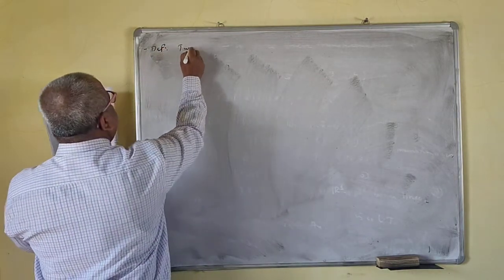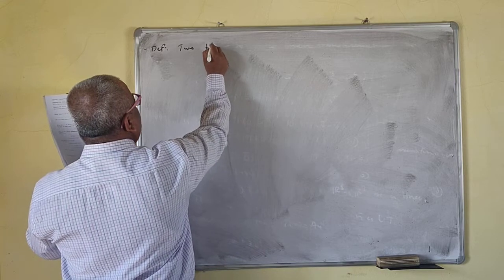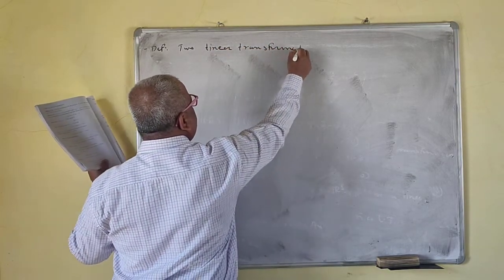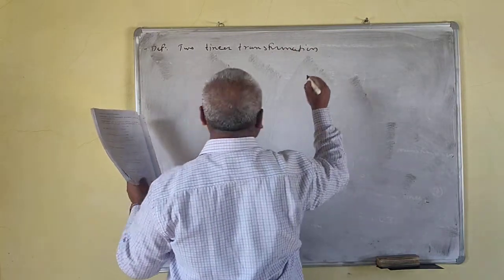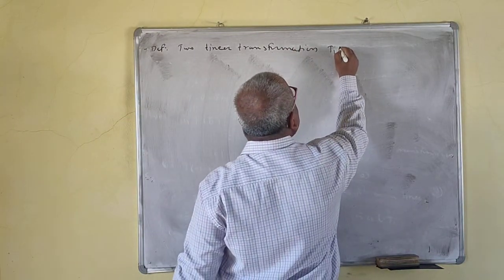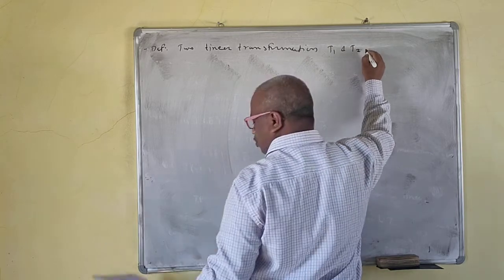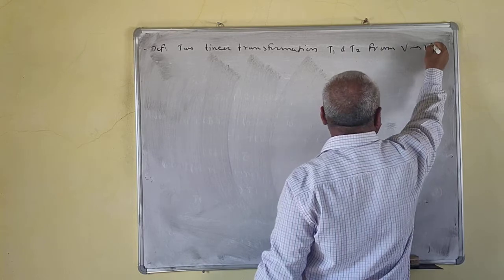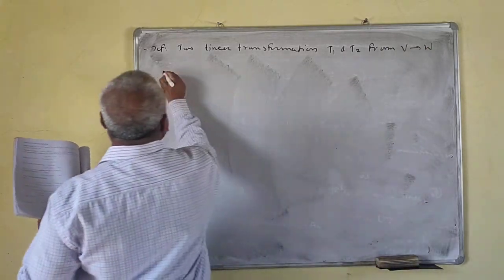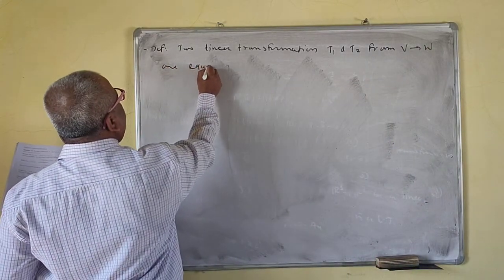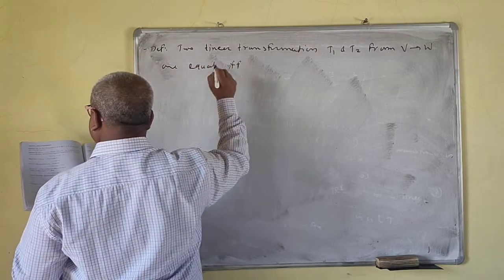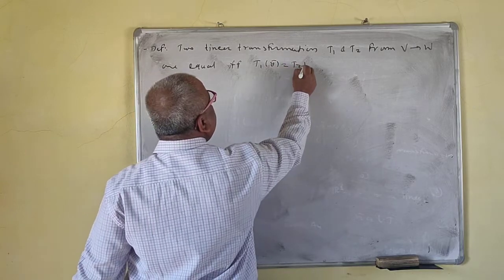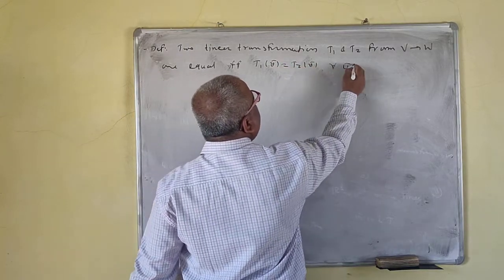Definition: two linear transformations T1 and T2 from V to W are equal if and only if T1 of V bar is the same as T2 of V bar for all V bar belonging to V.